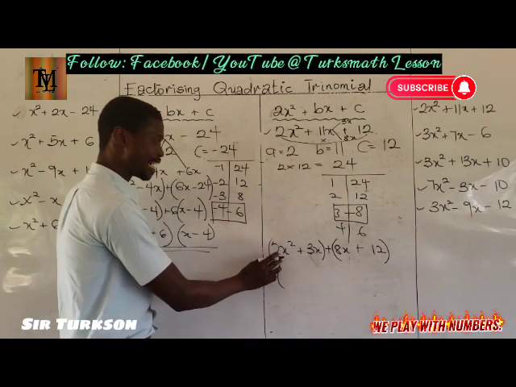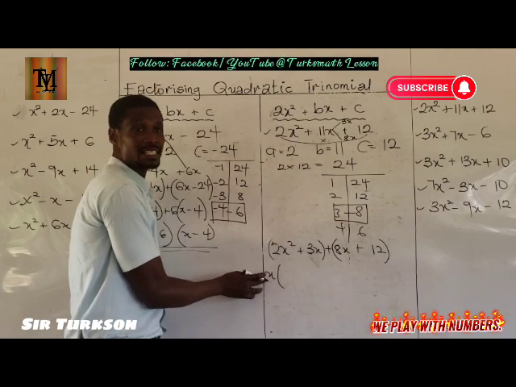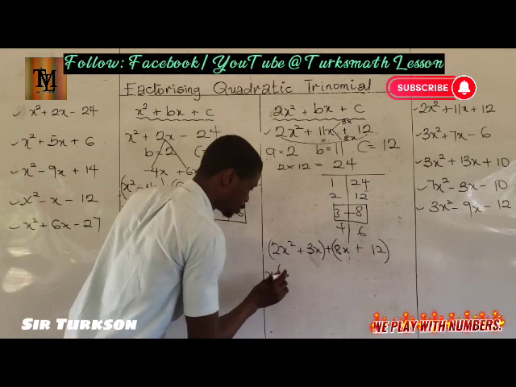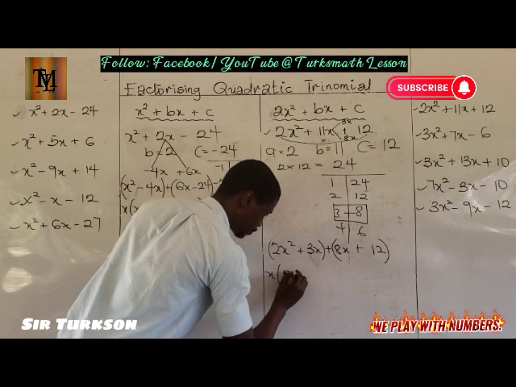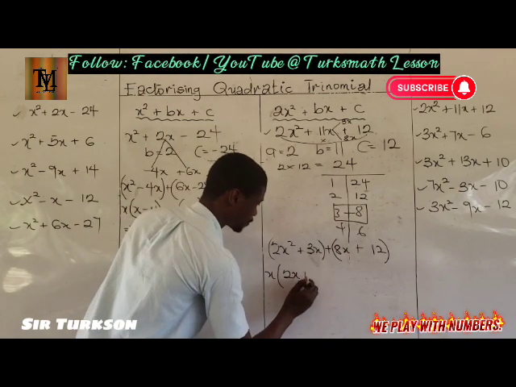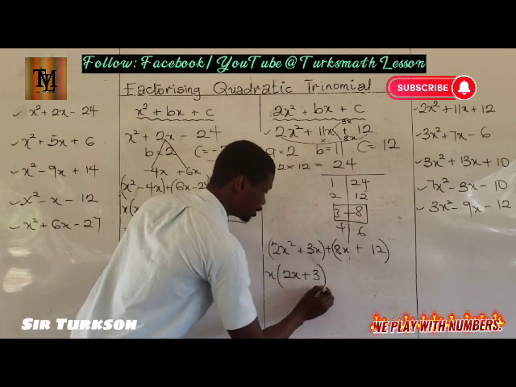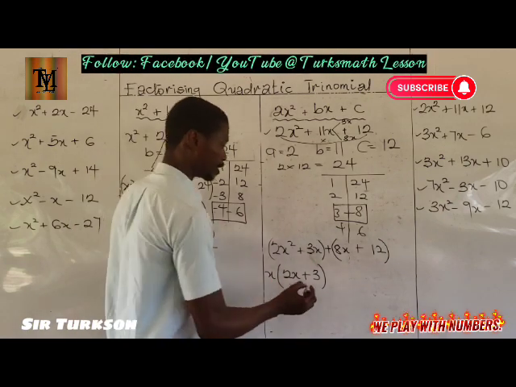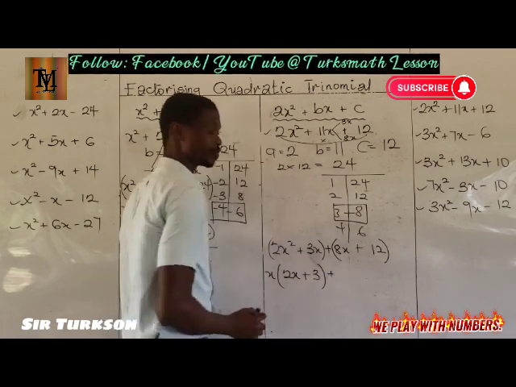So 2x squared divided by x will give us 2x. Plus 3. Very good. That means 3x divided by x will give us 3.